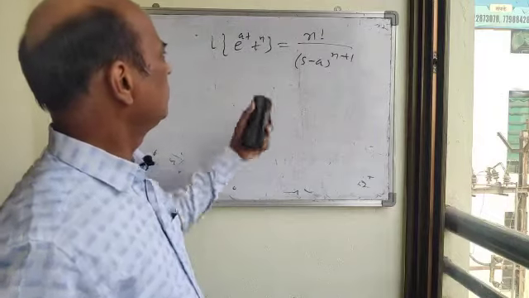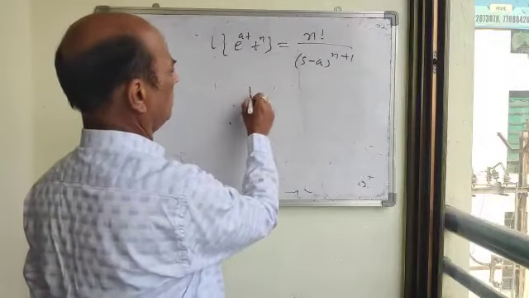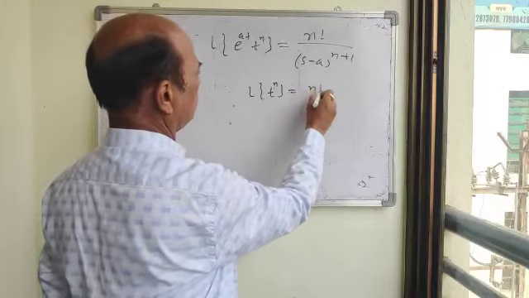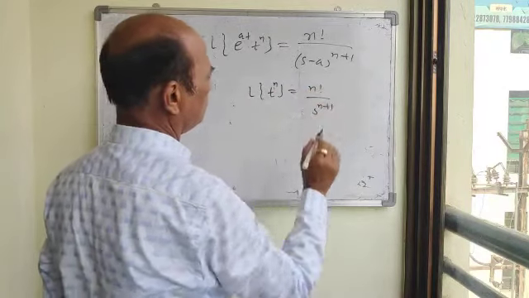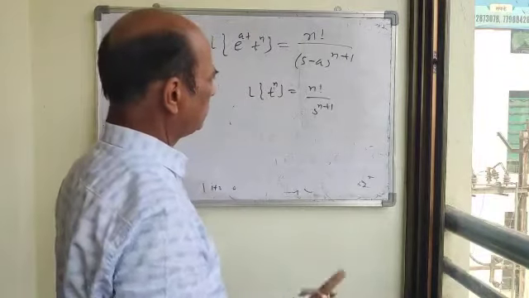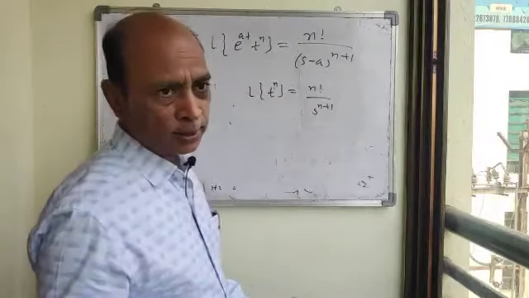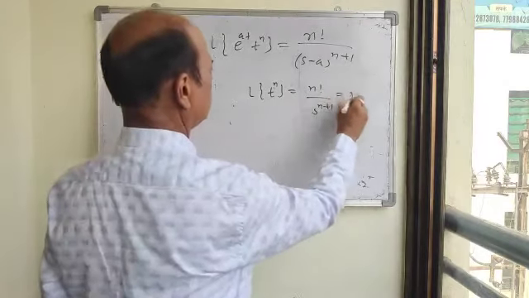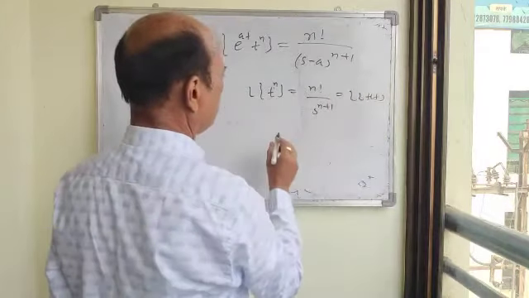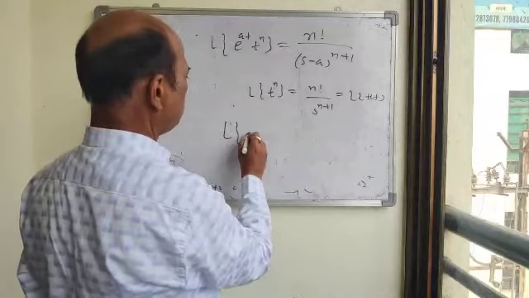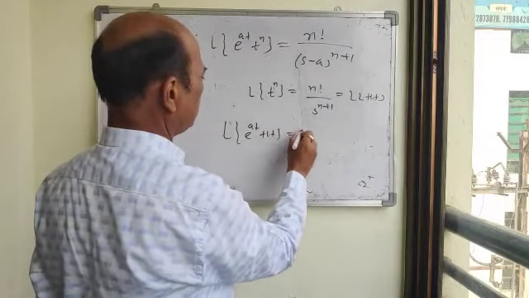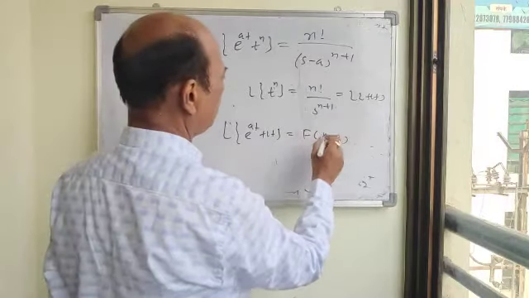Now here we know that L of t to the power n is equal to factorial n upon s to the power n plus 1. So here we have just seen one theorem, that this is L of f of t. Now we have to find L of e to the power at f of t, that is F of s minus a. And what is this?